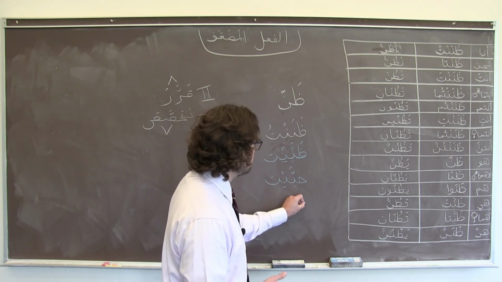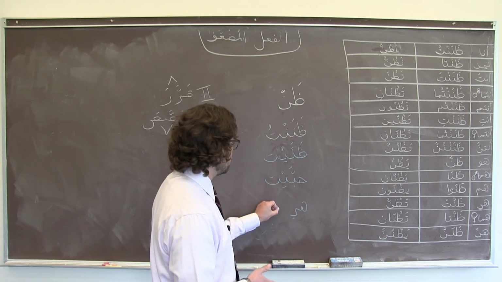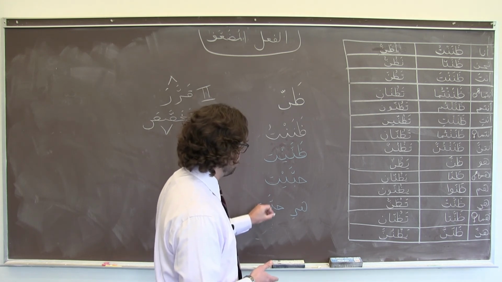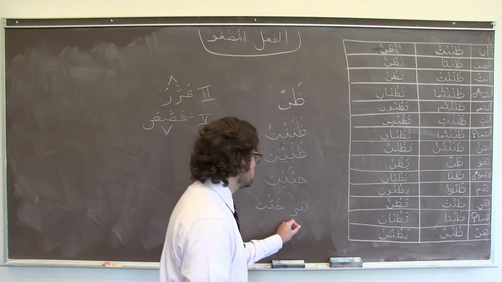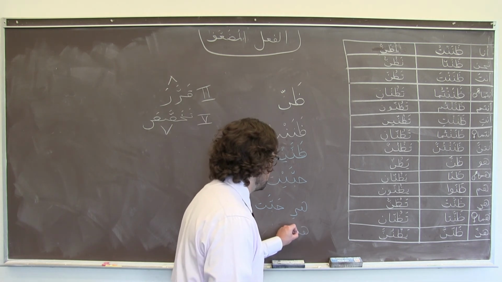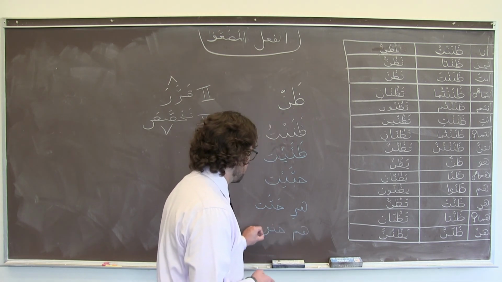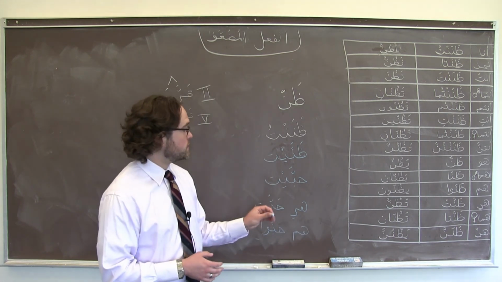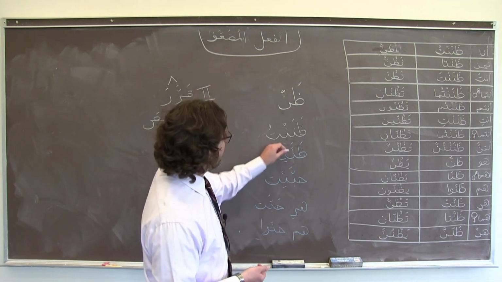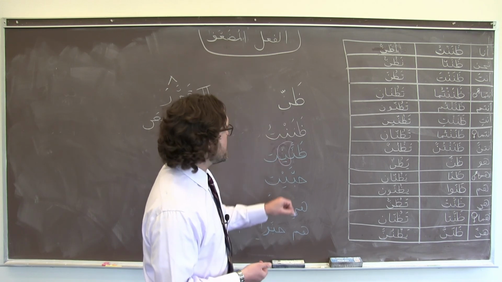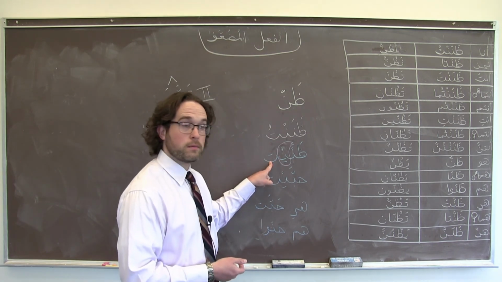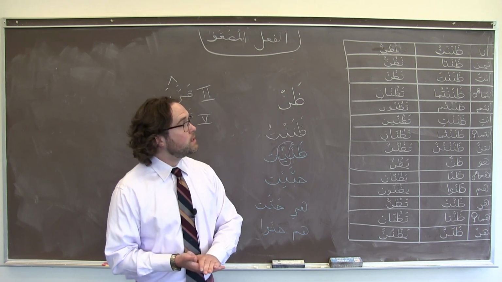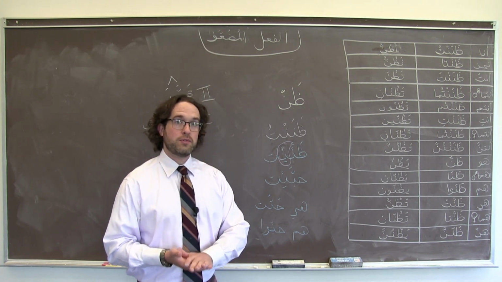We would say she, hiya, she liked or loved, whatever it was, habbat. Or hum, habbu. But if it's first person or second person, I need to add that A before my past tense conjugation suffix. Other than that, all the rules are the same.